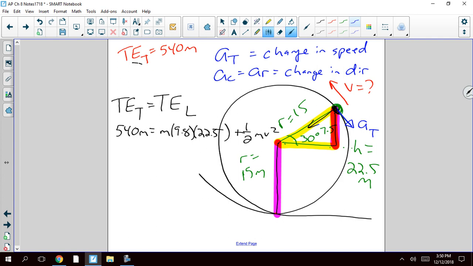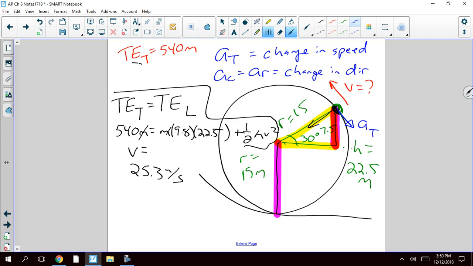And we've got to solve for v. Sorry, my drawing's getting a little bit cluttered here. The m's cancel out again, solve this, and the velocity turns out to be 25.3 meters per second. So that is my velocity at that point on the loop.